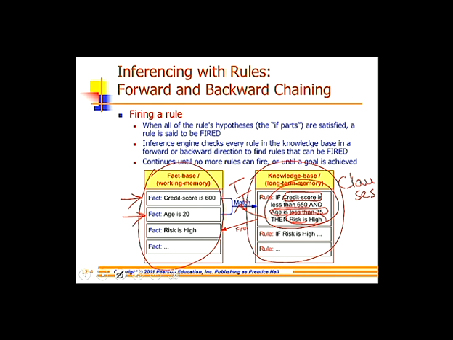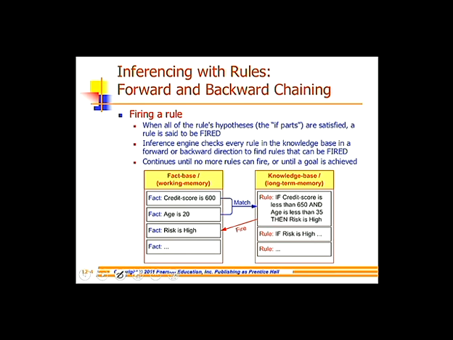If both are true, then we can conclude that risk is high. So this rule will be fired. We can add this fact in the working memory that risk is high.